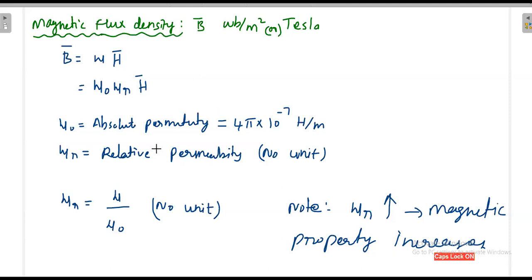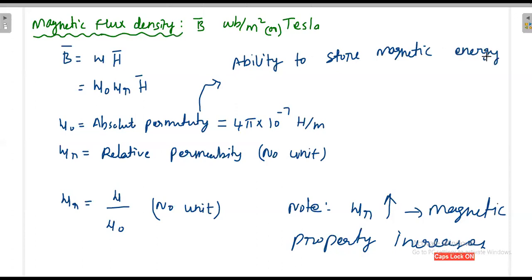So another meaning for mu r is the ability to store the magnetic energy.